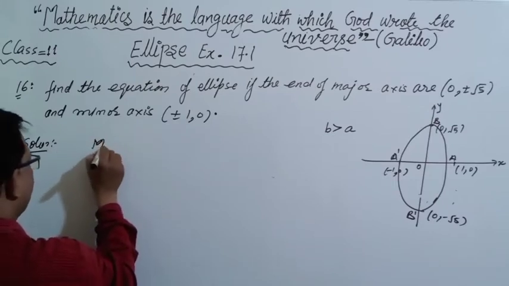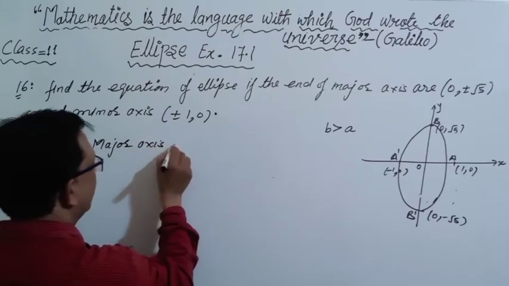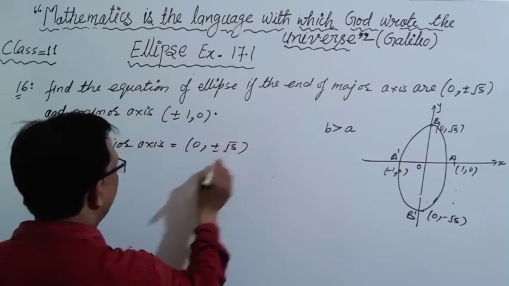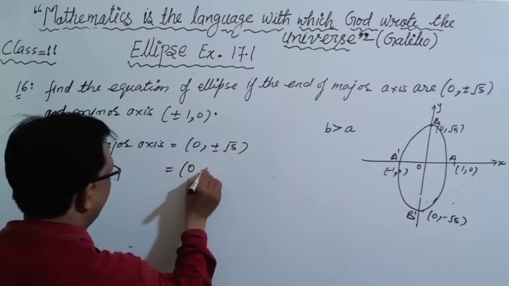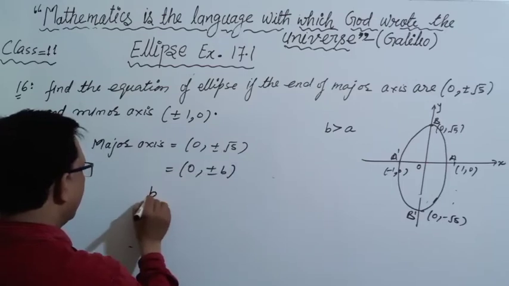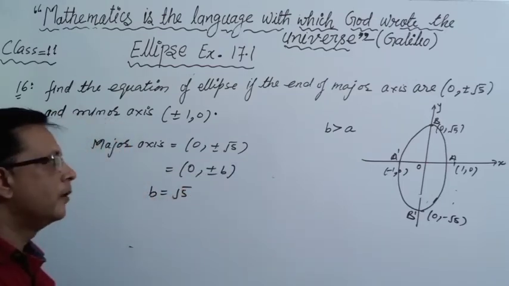So now here we write the solution. The major axis is 0, plus minus root 5, and we know the formula is 0, plus minus b. On comparing, we get b is equal to root 5.